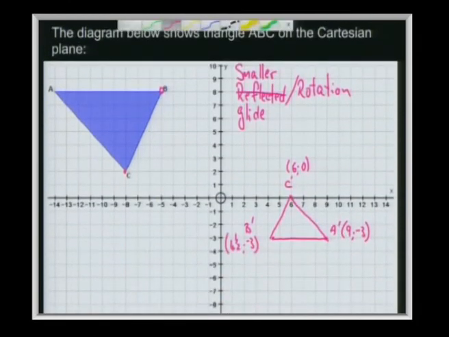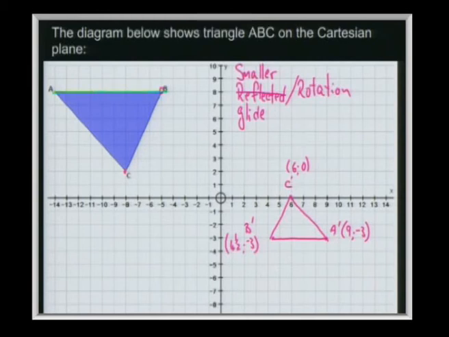Well, if we take this triangle over here, ABC, we can construct an altitude at right angles to the line AB. Wasn't that useful? Put there on purpose by the examiner. The length of AB is quite easy to determine: 1, 2, 3, 4, 5, 6, 7, 8, 9 units.